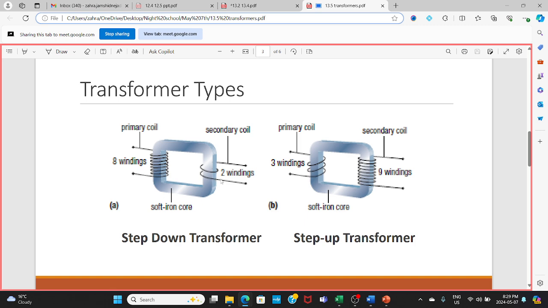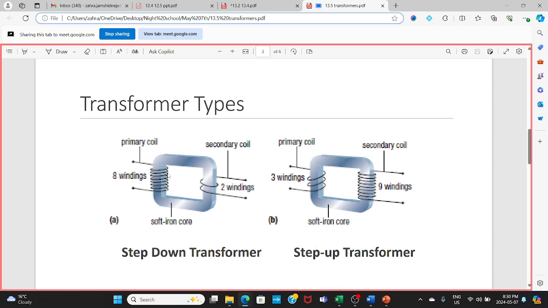And here the secondary coil is the end that you are connecting to your device. Okay, so let's say 120 is here, so it's lowered down to 100 for you. So you can use your device in other countries.